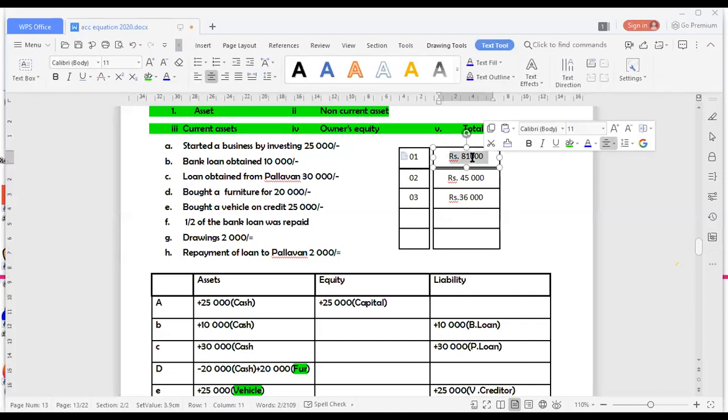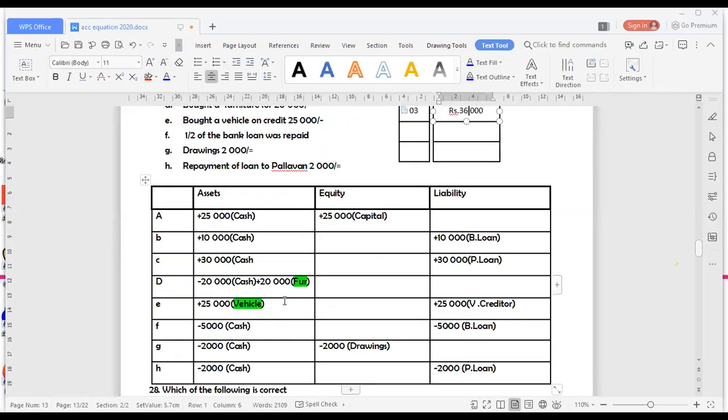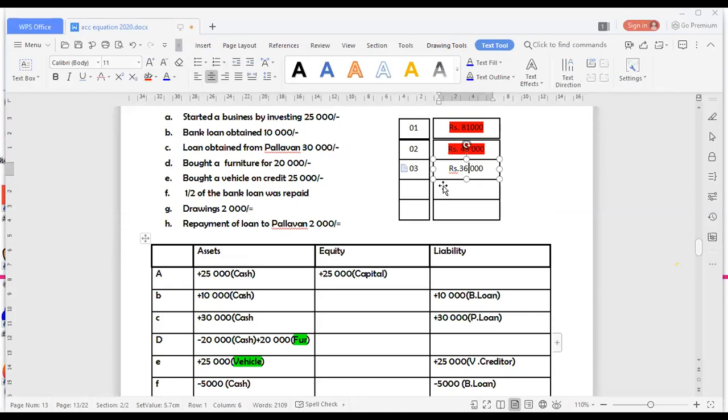Total asset 81, non-current asset 45, so the balance will definitely be current asset. Therefore, if you deduct, you will find the current asset is 36. You don't need to add cash one by one, 25, 35, 65 like that. You can directly find the answer from this.